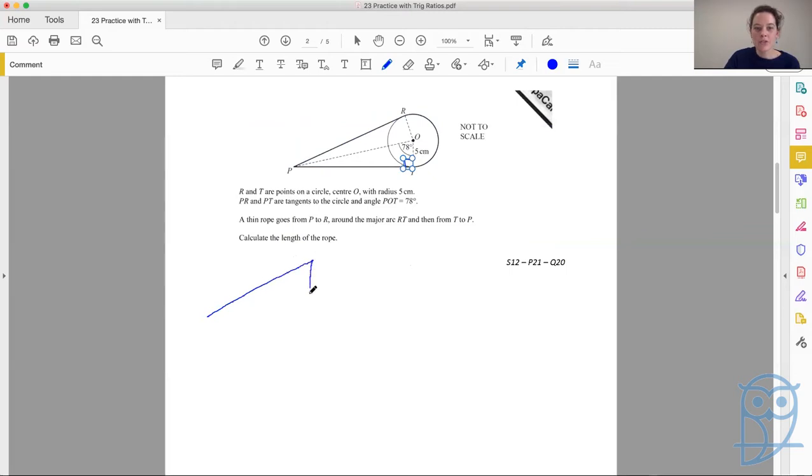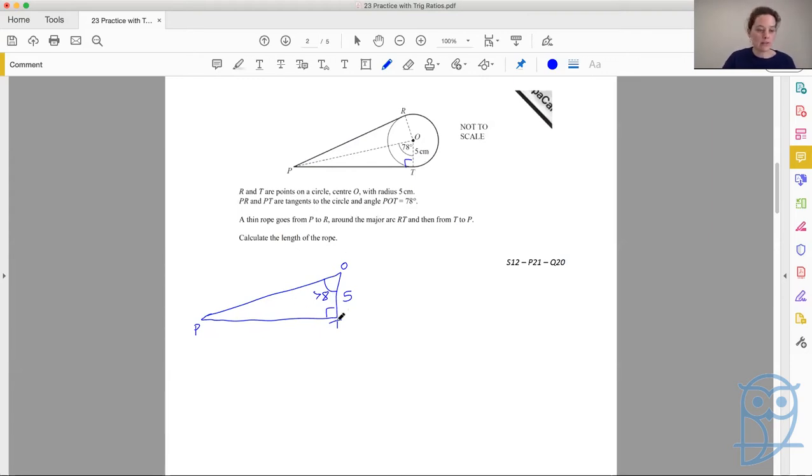So if we draw this triangle out, not quite so badly as that, we have a 78, we have a right angle, and we have a 5, and we have this side PT, which we need to calculate, because in order to get the length of that rope, we need the length of that side. And what's really cool is that PT and PR are the same length. Now, if we think about it, we've got two sides and an angle, and we've got a right angle triangle. So here is our SOHCAHTOA within another question.